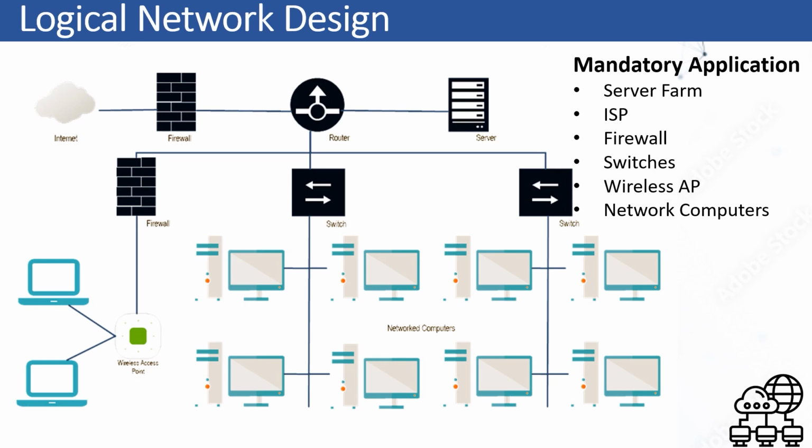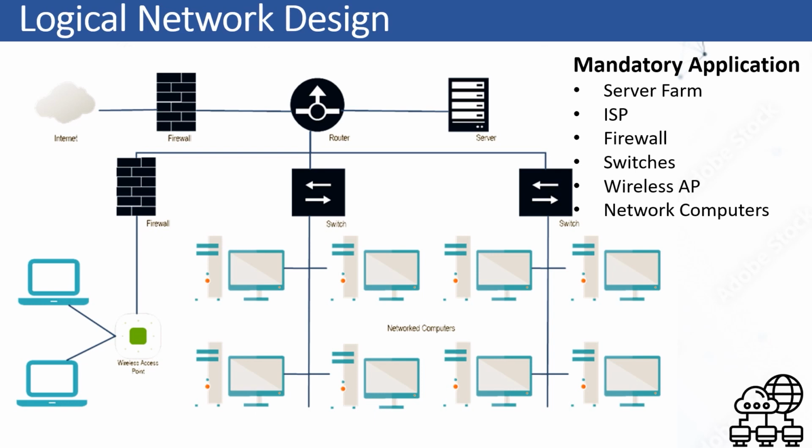We also have the firewall. A firewall is a very critical component of network design, as it serves as the first line of defense against cyber threats. It is a security device that monitors and controls incoming and outgoing network traffic based on determined security rules.